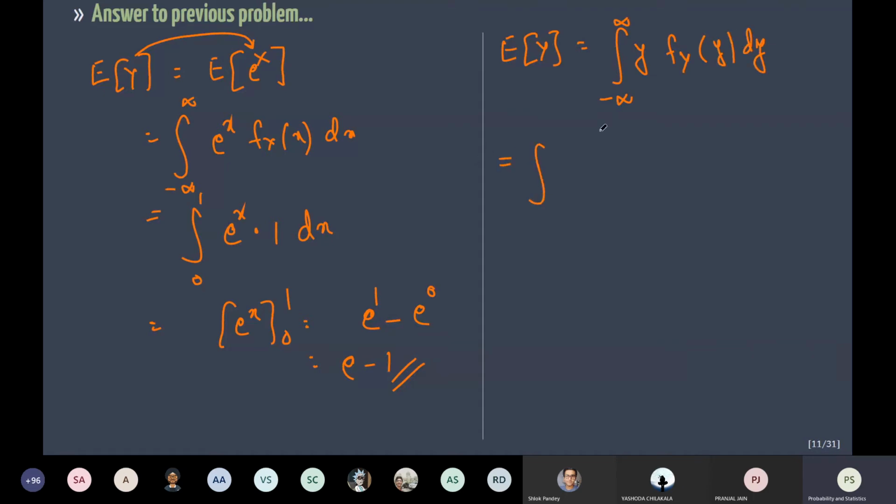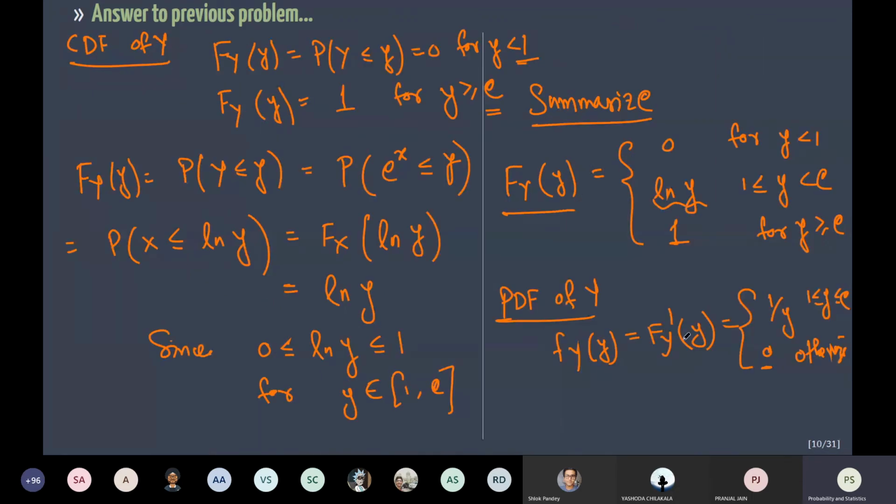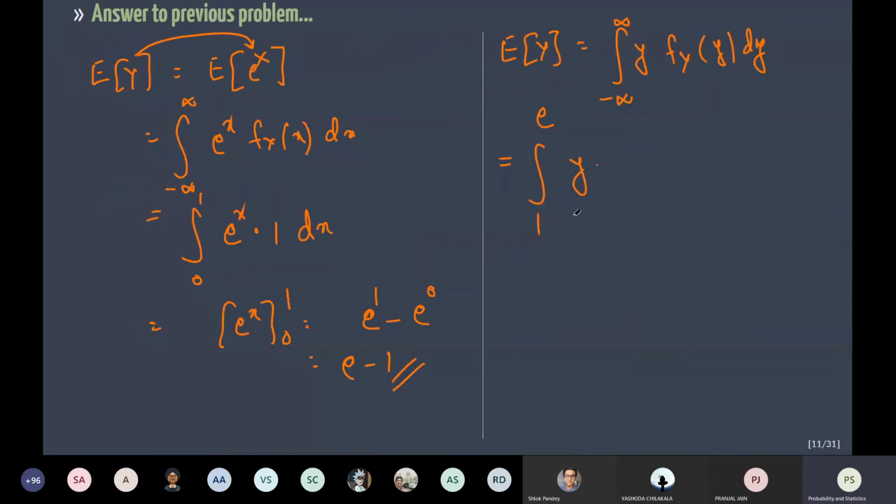The valid range of y was 1 to e. So here we have to put the correct range, and the PDF of y that we computed was 1 over y in this range, dy. So this is 1 times, and it gives e minus 1. So we could have also computed it like this.